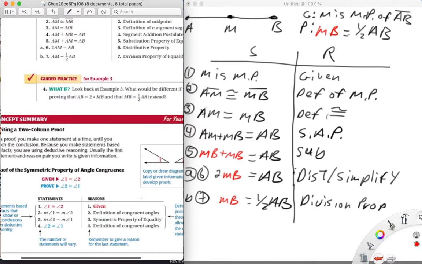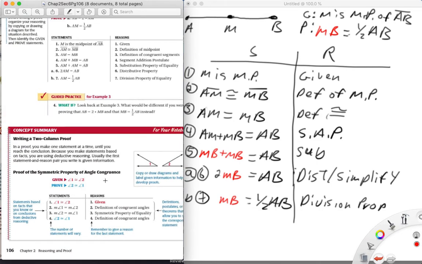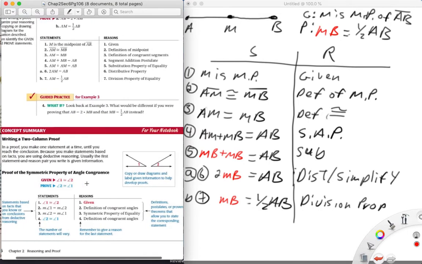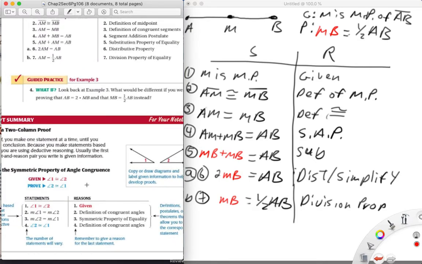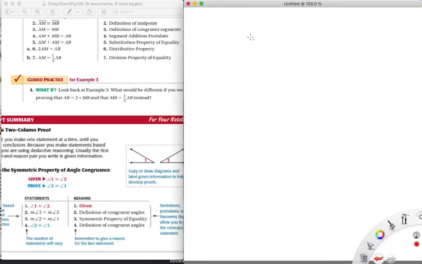Try to think of a strategy to get there. So here is the proof of the symmetric property of congruence. We said that this was a theorem, right? So what they do in this proof is that they have two angles, angle 1 and angle 2, and we're given that angle 1 is congruent to angle 2.